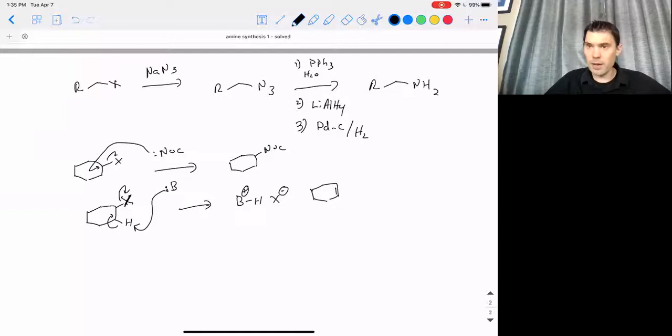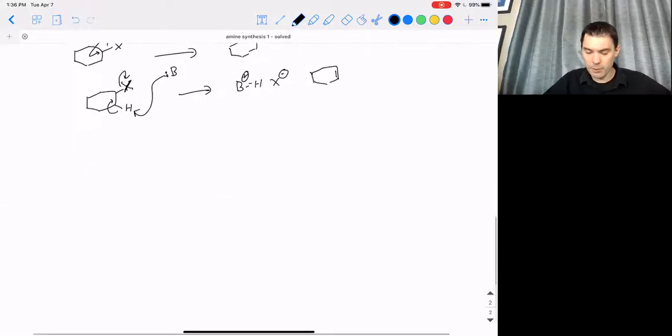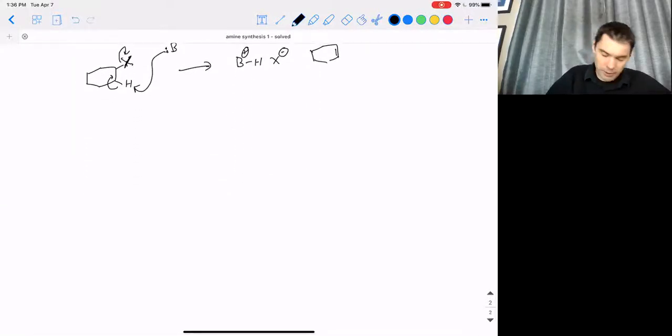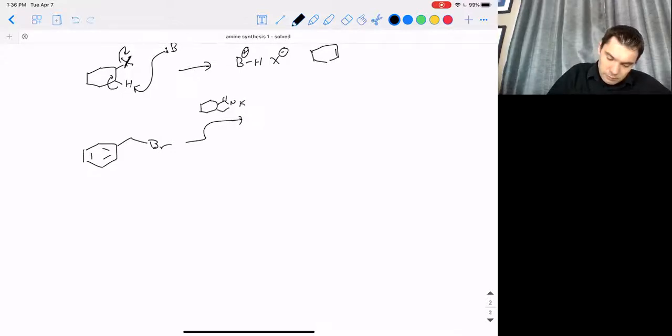Okay, so those are some of our common pitfalls, but let's pick either one of our favorite ways to introduce a nitrogen from the benzyl bromide starting material and just see where we can go. So if I start with benzyl bromide, I could take this up with phthalimide, potassium phthalimide.